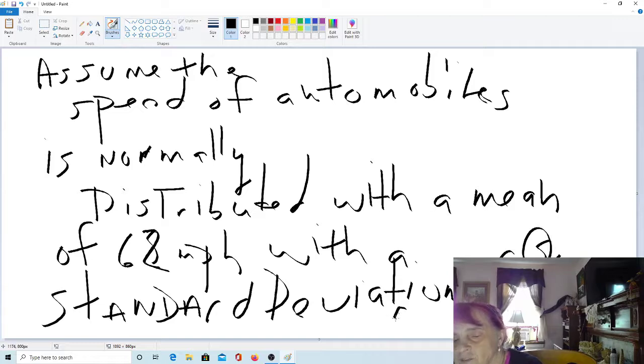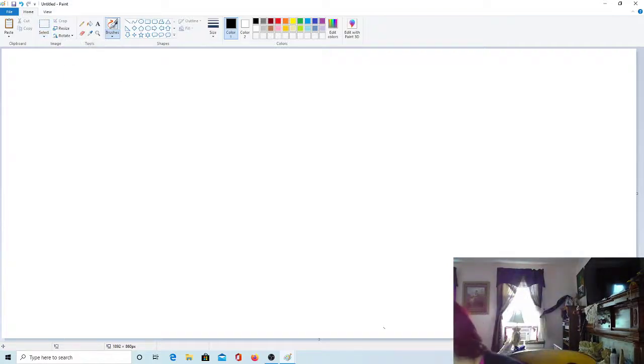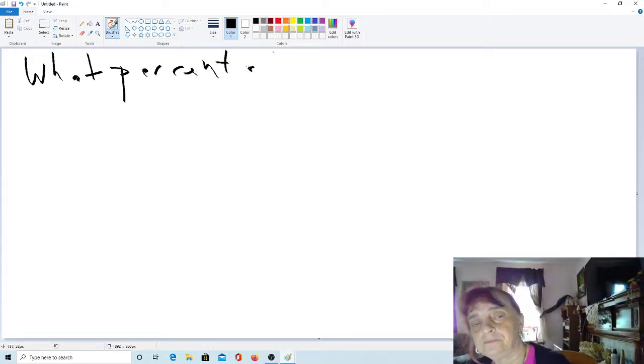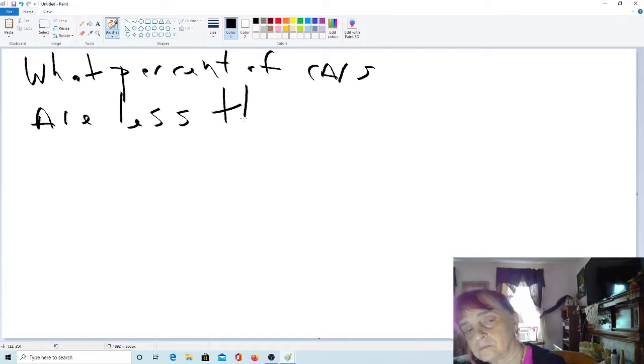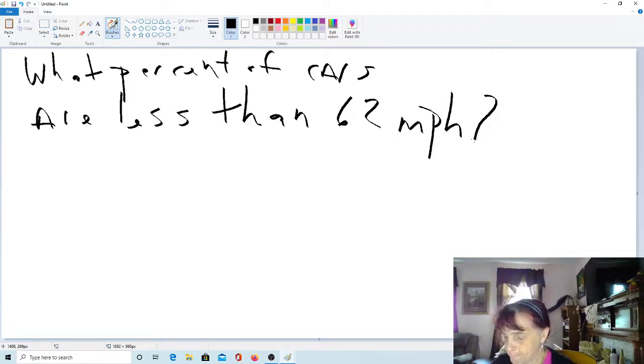Okay, remember, standard deviation is 5 miles per hour. Okay, what percent of cars are less than 62 miles an hour? Okay, between 52 and 67 miles an hour.